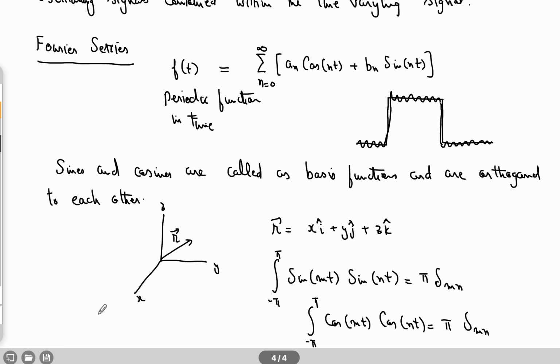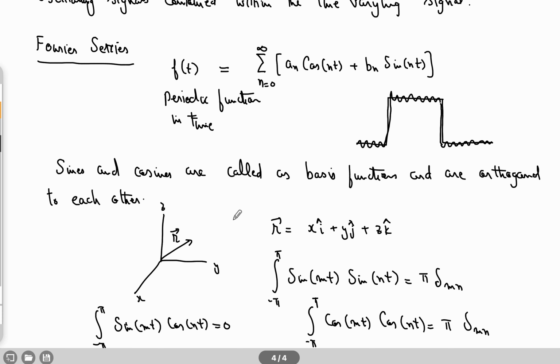And if we want to write it for one sine factor and another cosine factor, the integral from minus pi to plus pi of sin(mt) cos(nt) will always be 0. So if you take any two sine or cosine terms, these will always be orthogonal to each other, so this will be 0, right?